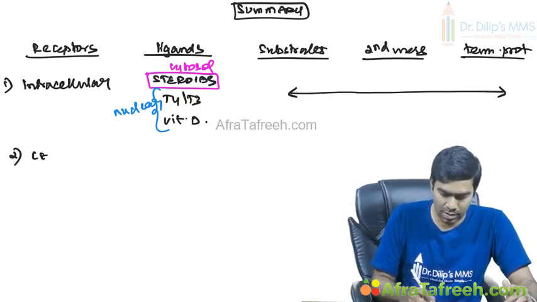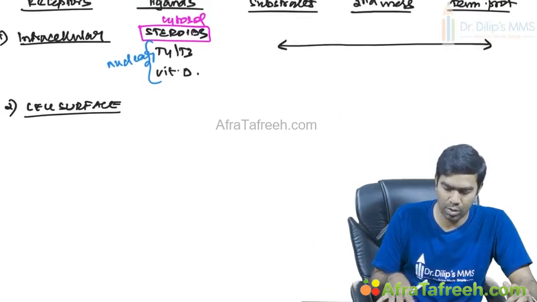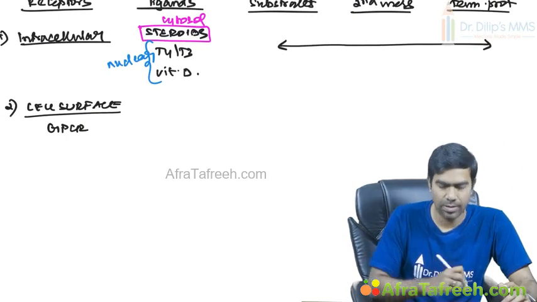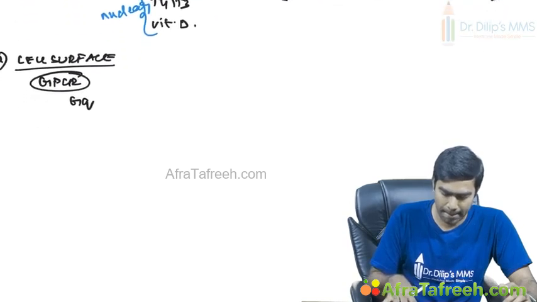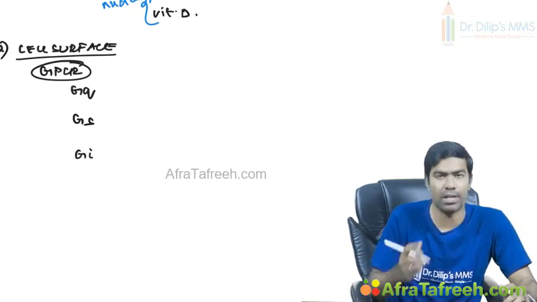Second, we have cell surface receptors. In the cell surface receptors, I told you two are the ones we are going to discuss. One is the G protein coupled receptor. In the G protein coupled receptor, you have GQ type, you have GS, the stimulatory type, and you have GI type, in the same order that we have seen.